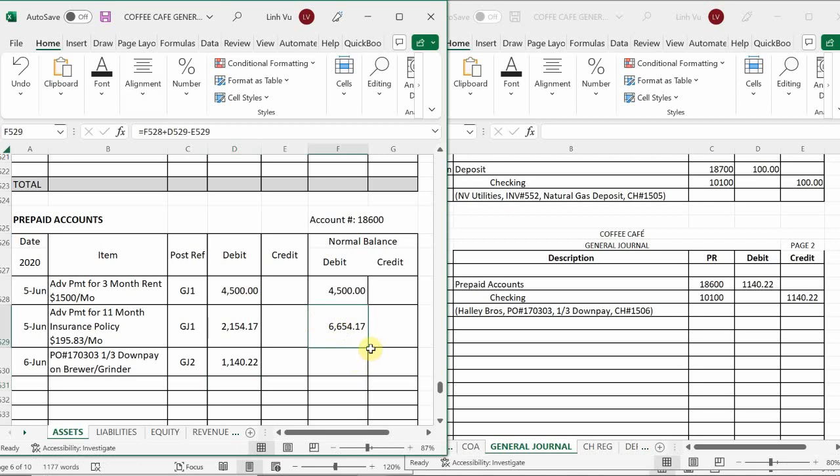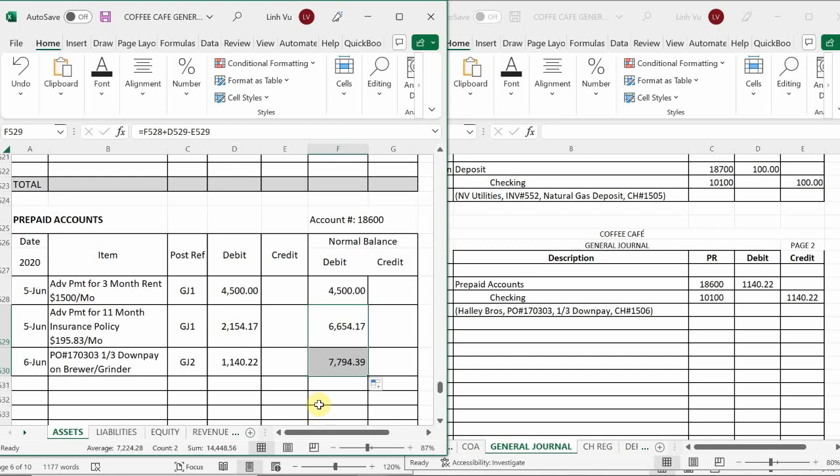So therefore, that should increase my account up to $7,794.39. Okay, so that is increasing my prepaid accounts or advance payments that I've made to these vendors here. Okay.